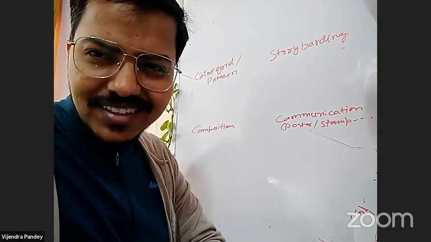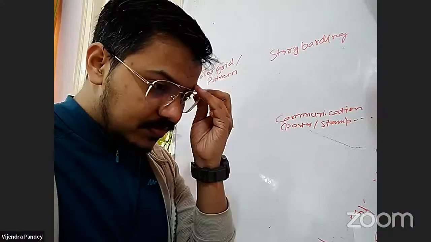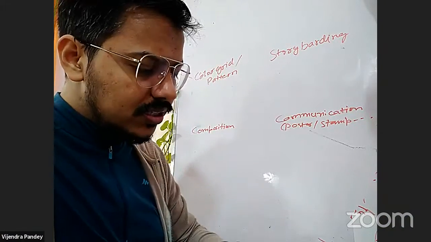Sir, there's one thing you told us not to draw the environment, but when we solve the paper, you always draw environments. Composition question, in the first question you always give do not draw environments. Which question is she talking about?